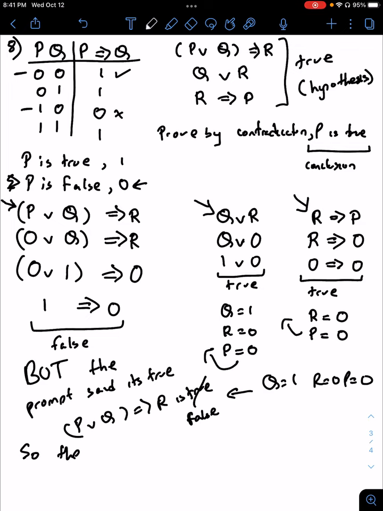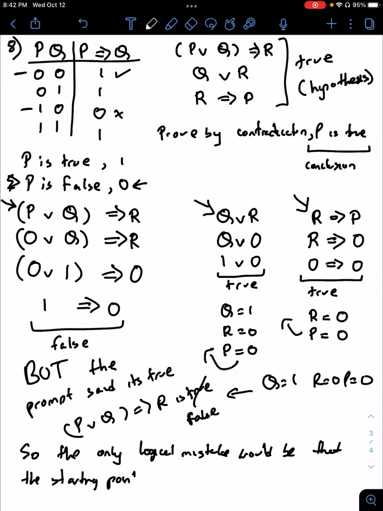So the only logical mistake would, whoa, it's horrible handwriting, would be that the starting point is flawed. And if you remember, it was flawed because we said P is false. If P was true, then it would be true.